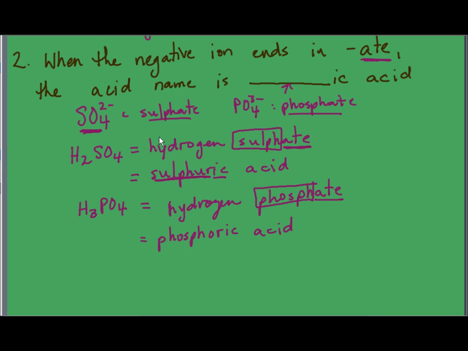And then I'm going to give you one that doesn't bend that rule. Carbonate. Carbonate is CO3 2-. If we put it in a compound with hydrogen, this gives us hydrogen carbonate.